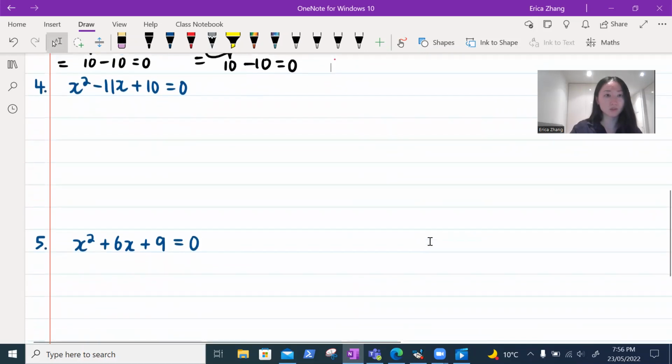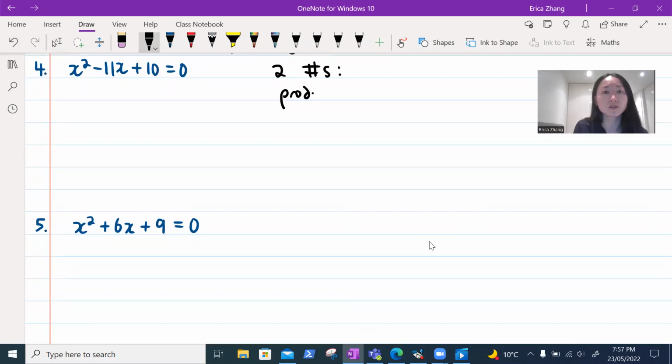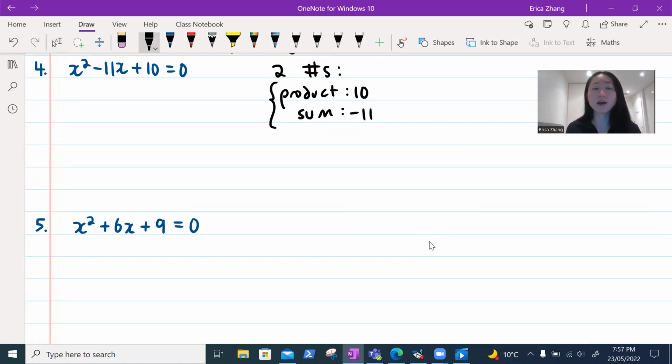Next example. We are looking for two numbers whose product is +10 and whose sum is -11. We notice that we must have two negative numbers because the product is positive, but the sum is negative.